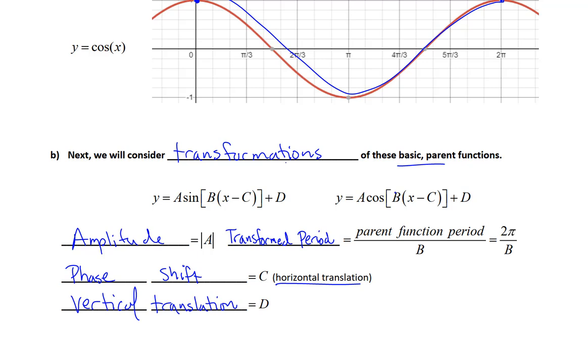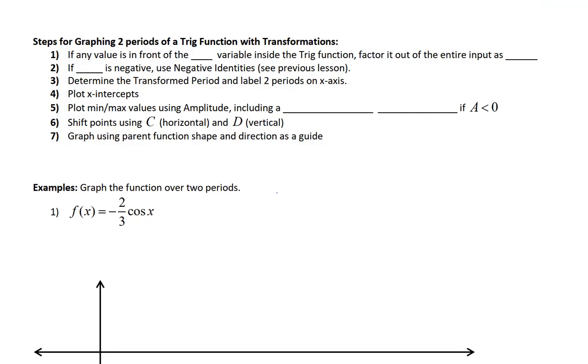Now that seems like a lot, and it is, but with practice and with a process, I think you'll find that it's really not that bad to be able to account for all of these transformations in a particular graph. So let's now review the steps for graphing two periods of a trig function with transformations. Now when we developed sine and cosine graphs in the previous lesson, I graphed one period, but then showed from the animation that you could easily extend that to two periods.